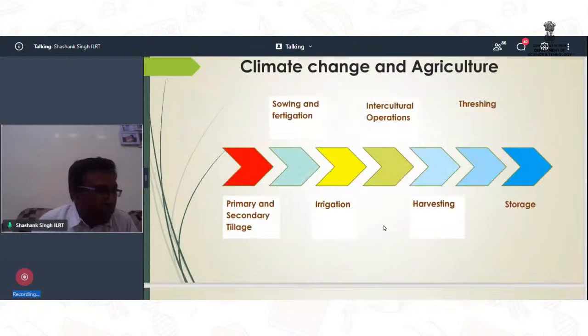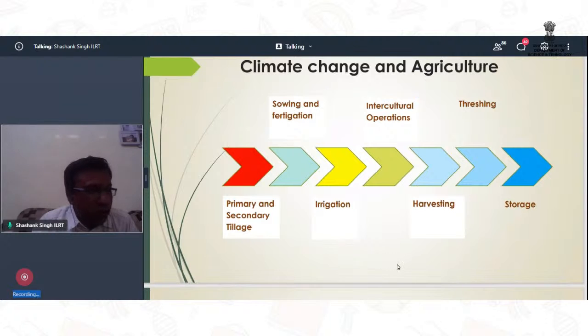This slide represents the different activities we do when we are cropping. It starts with tillage and goes through different operations. Why have I shown this? Because earlier we used to have a proper window for these activities, but due to climate change and now climate extreme events, the temperature and the moisture which should be available provide a very narrow window to perform these activities, and the farmer has to take very quick decisions.